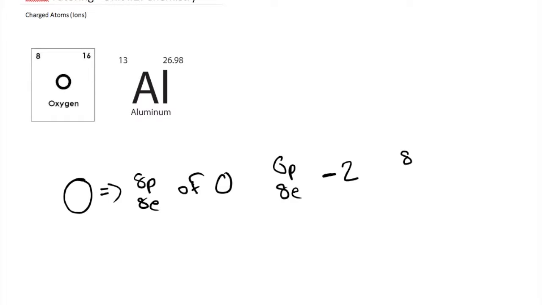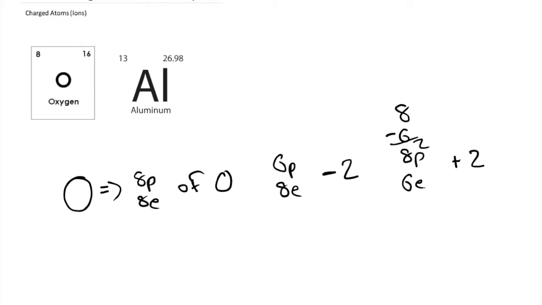If it had 8 protons and 6 electrons, the charge of this oxygen atom would now be +2. You can think of protons as positives and electrons as negatives. So if you have 8 positives, all you have to do is 8 minus 6 to get your charge. And in this case, you have to do 6 minus 8 to get your charge.